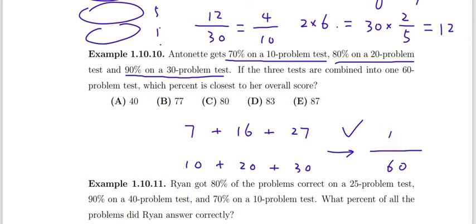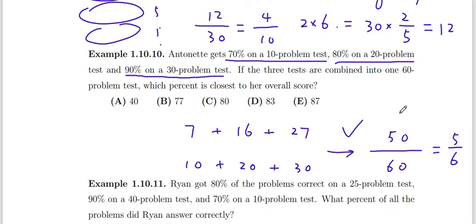Let's check this calculation. 34, yeah, 50. Okay, then this equals 5 over 6. So we need to change this to a percentage.